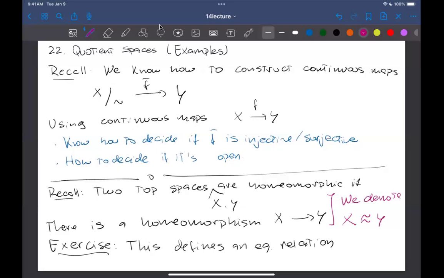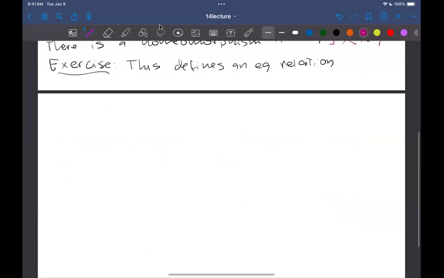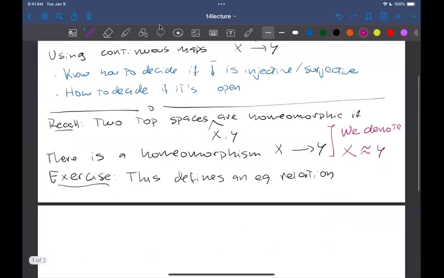And this should mean topologically they are the same. In other words, you have a one-to-one correspondence between these two sets, and that correspondence and its inverse are both continuous.